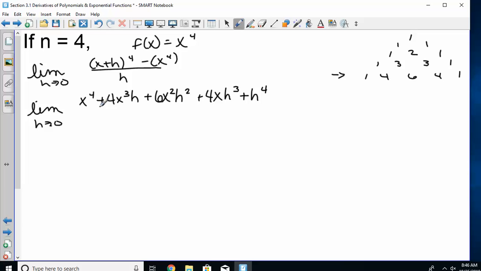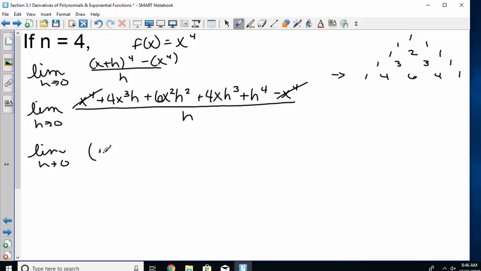Do you guys see how I got that? Minus that x to the 4th we had on the end, all over h. So the x to the 4ths drop. Canceling h out of everything, you have 4x cubed plus 6x squared h plus 4x h squared plus h cubed. Plug in a 0 for your h's, and what do you get? So the derivative of x to the 4th is 4x cubed.